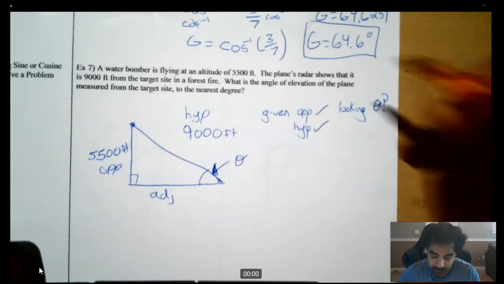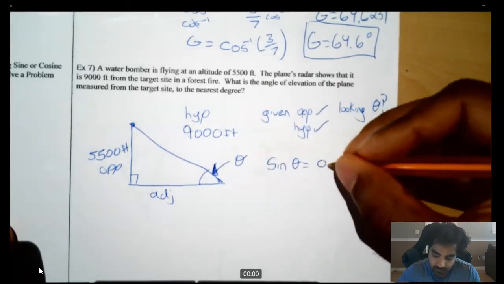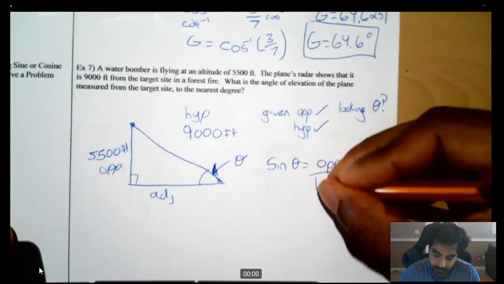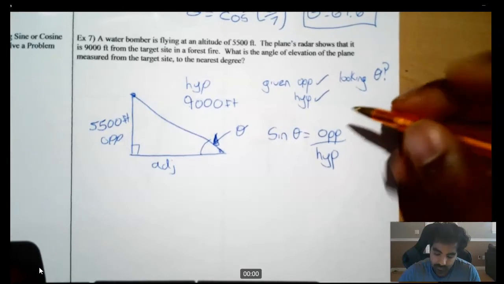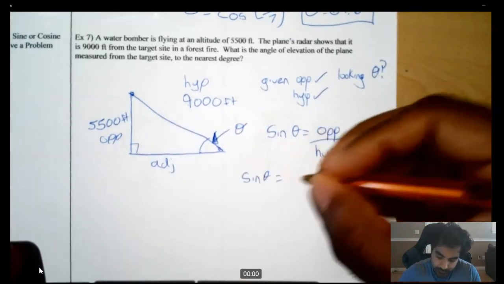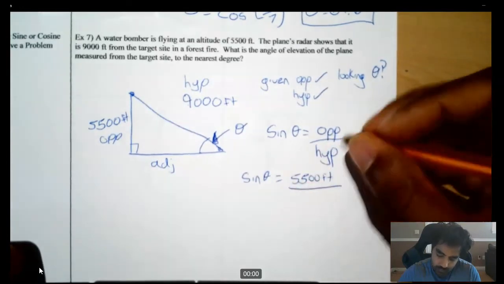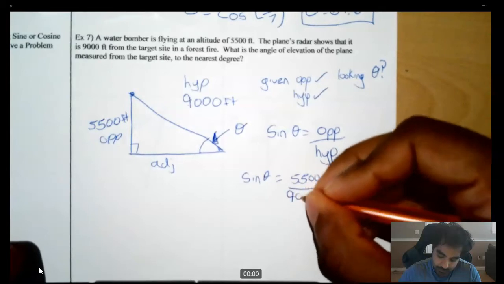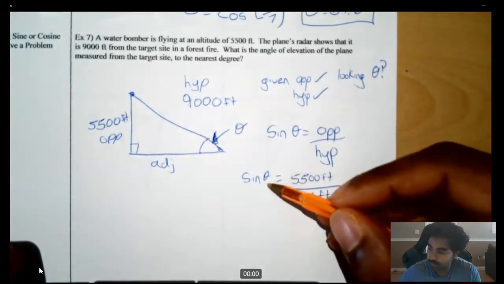So sine theta is equal to opposite over hypotenuse. Opposite is going to be 5,500, so I'll fill in the values now. The hypotenuse is the 9,000 feet, right? And we want to figure out the angle.